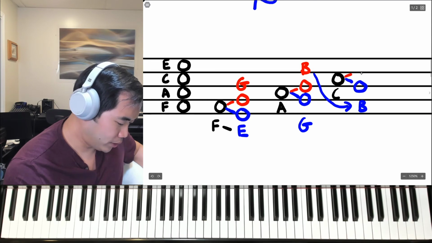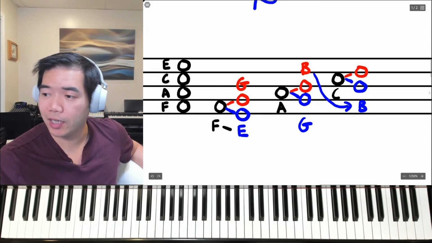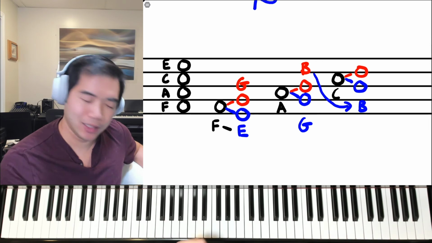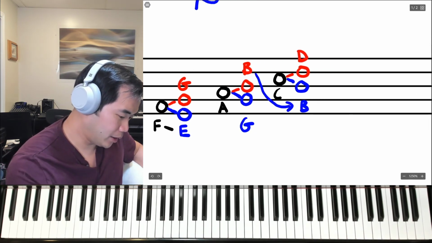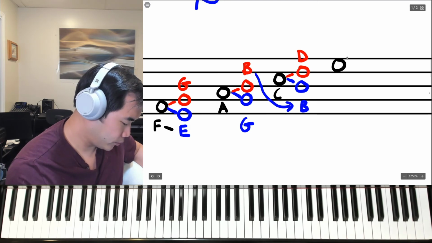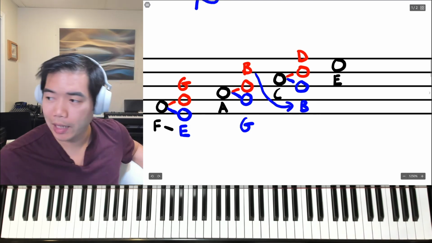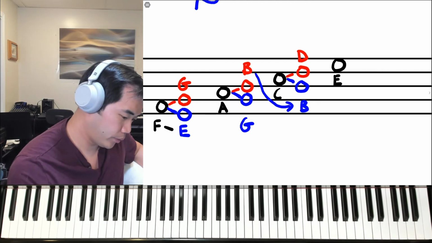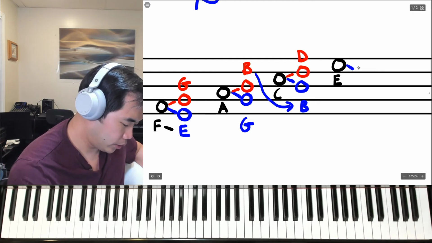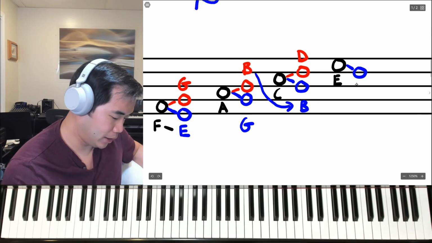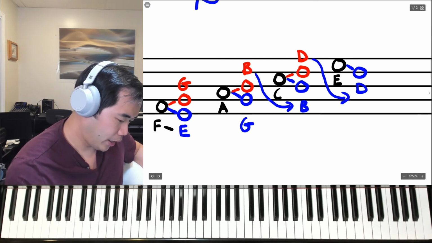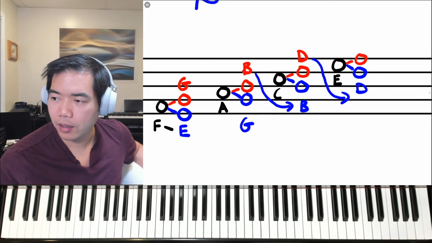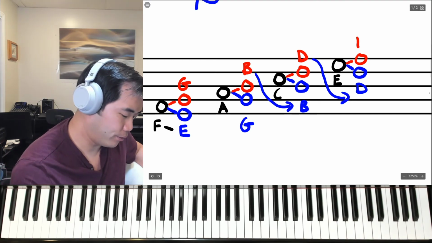The note above C is going to be the letter that comes after C, A, B, C, D. And last but not least, we have the note in the top space, which is E. If we go down to the note below E, that's going to be D, just like here. And if we go up to the line above E, A, B, C, D, E, F.